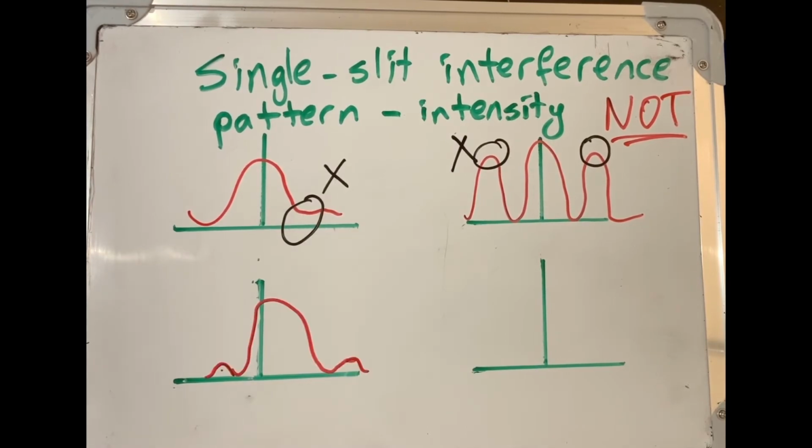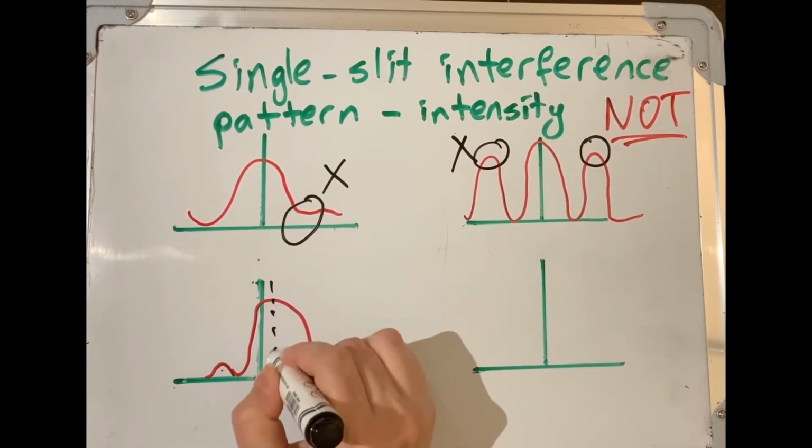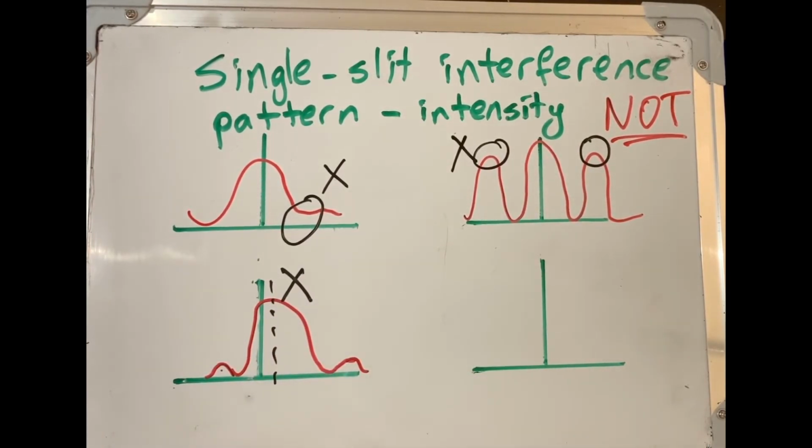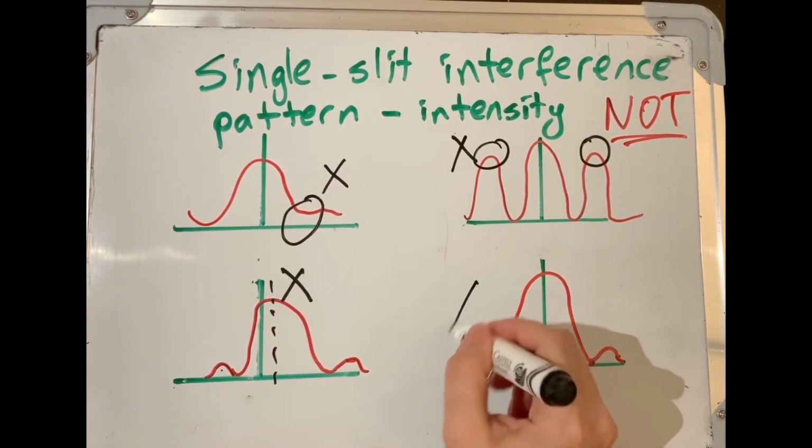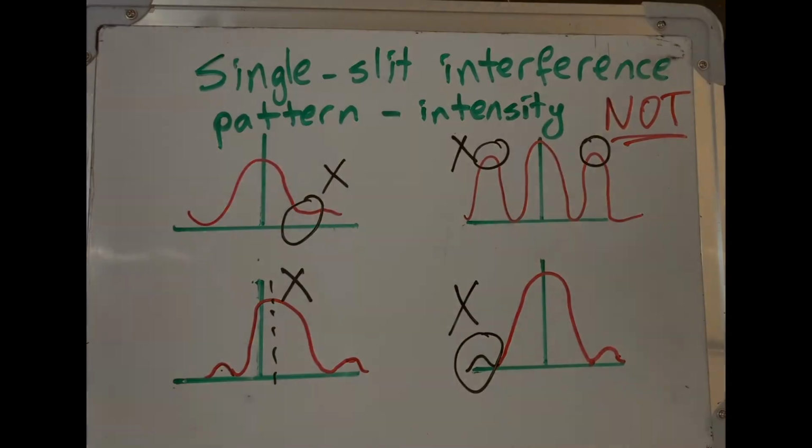Case number 3. The problem with this one is pretty obvious. It's not symmetrical, and case number 4, this one is missing the symmetry again, so that would be problematic.